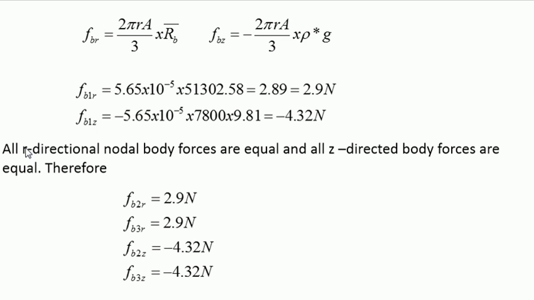Therefore you can see the body force for the second node in r direction is also taken as 2.9, and in the third node for r direction it is also 2.9. Similarly, the body force in the z direction for the second node is taken as minus 4.32. Similarly, for the third node it is taken as minus 4.32 Newton.